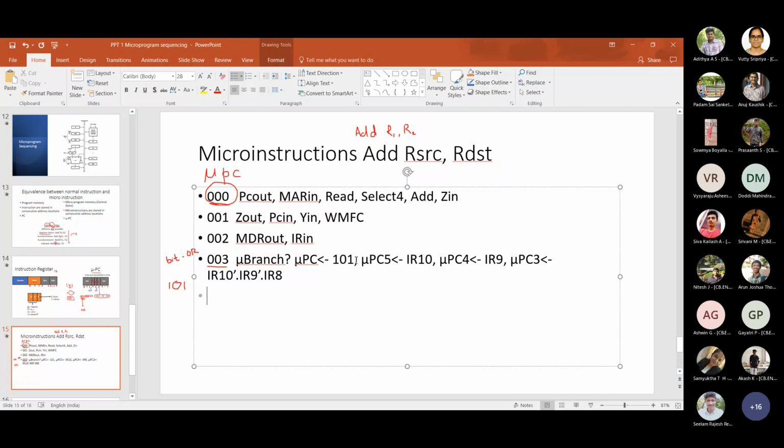Have you understood why we are loading 101 first and then modifying the middle 3 bits? Since it's registered direct, it will be 101 itself. If it is registered indirect, after executing these steps, the address would get changed. It would get modified. Please understand that here we are not loading 101 because it is registered direct.